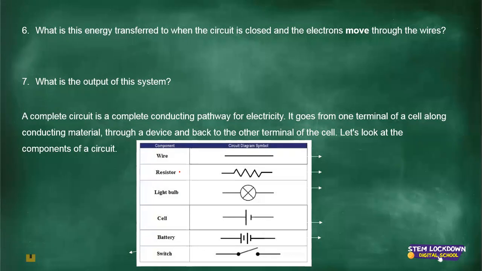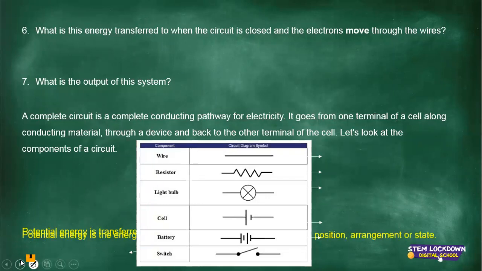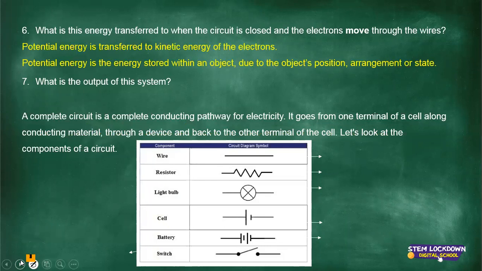So now we're looking at what is this energy transferred to when the circuit is closed. We say that potential energy is transferred to kinetic energy of electrons. Potential energy is basically stored energy that the object has.